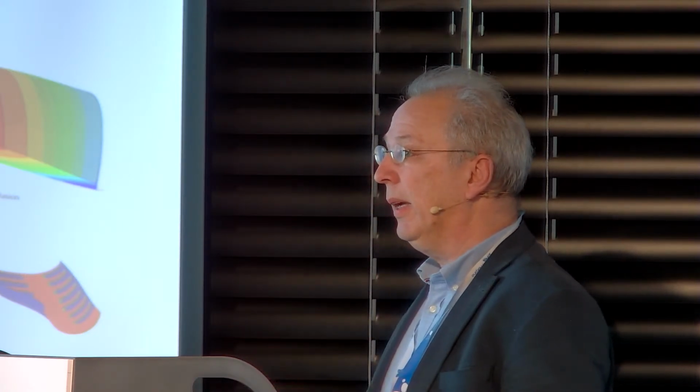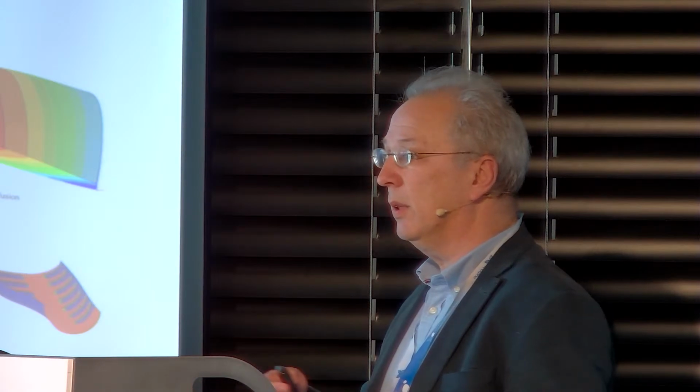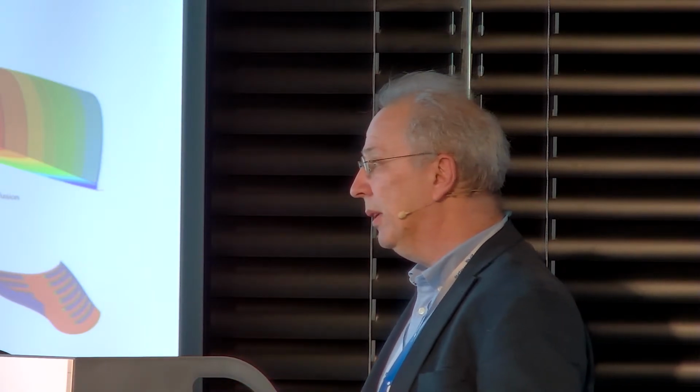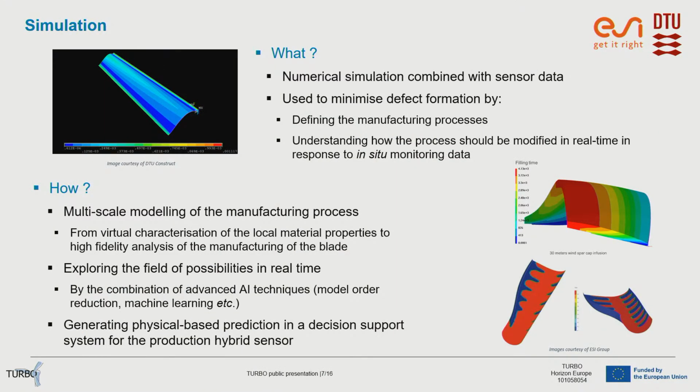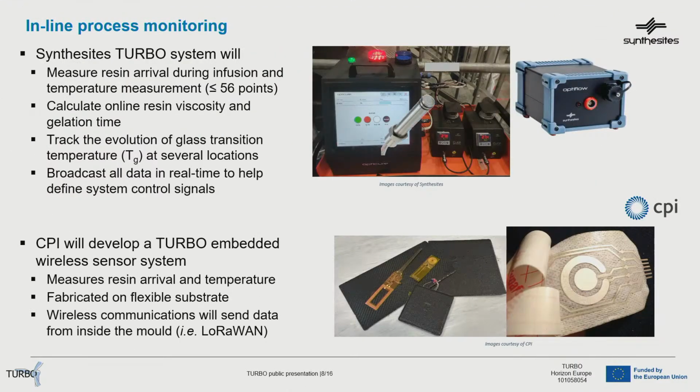And then they infuse this part in one shot. This is quite unique for wind blades because normally all the other OEMs are just infusing the 2 parts, the upper and the lower part, and then they bond them together. So it's quite a challenging process, and at the moment, they don't use any sensors, so it was a very nice opportunity to start working in this area.